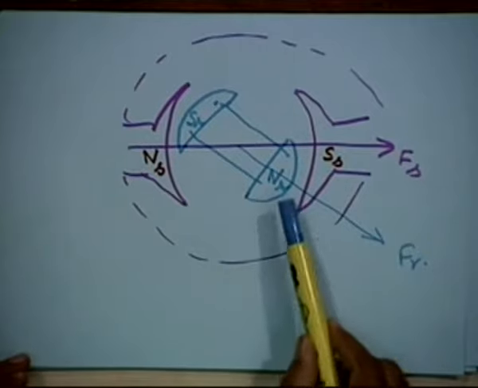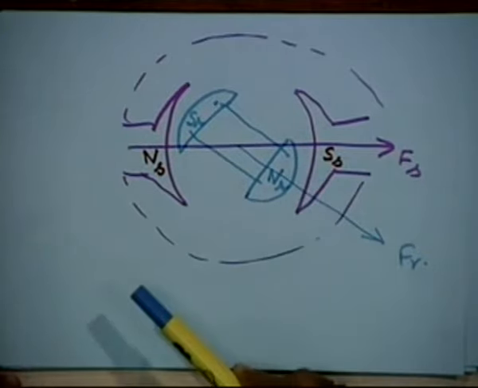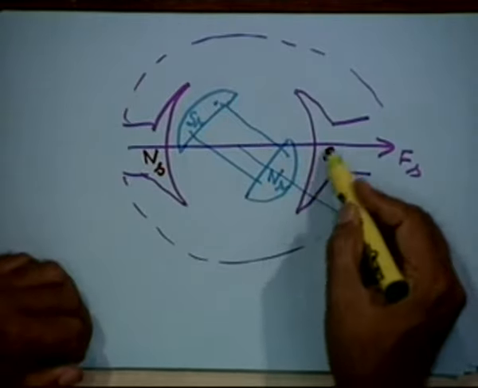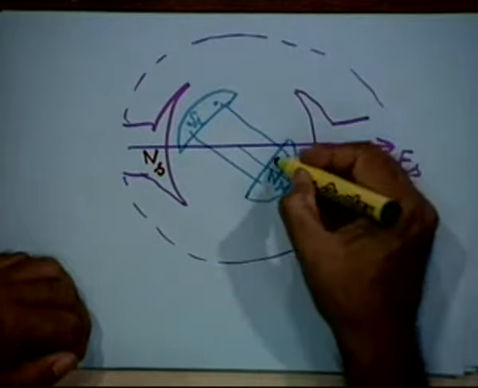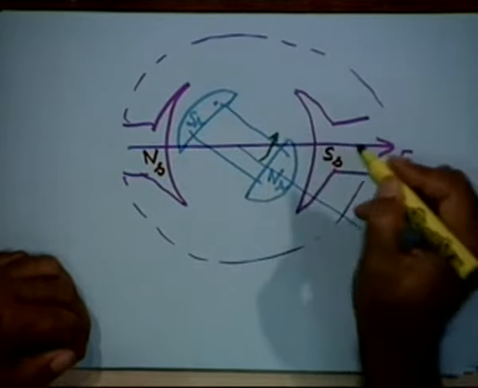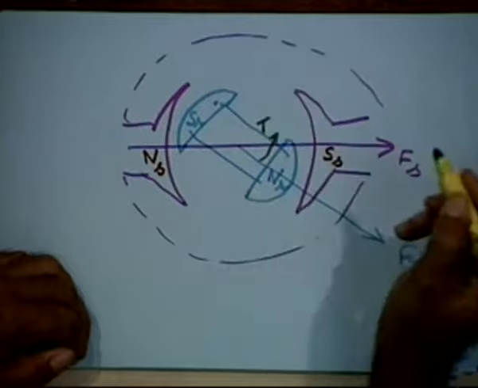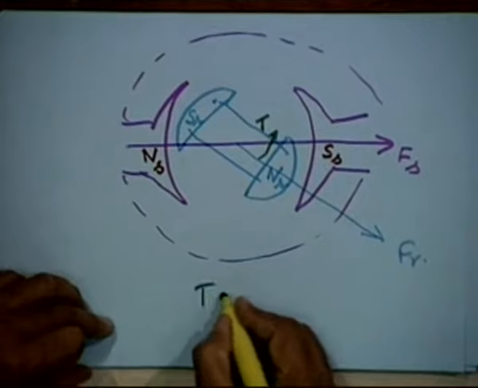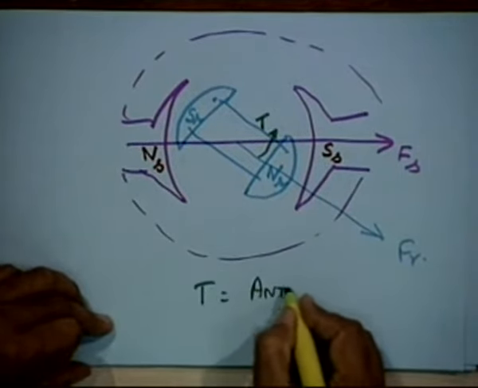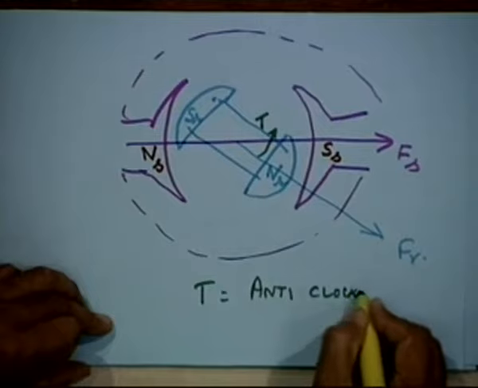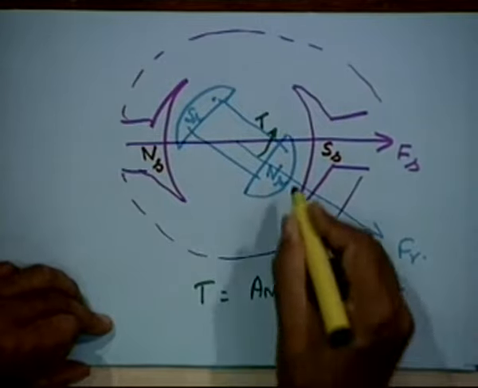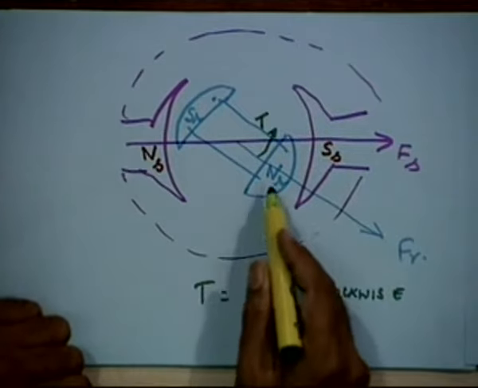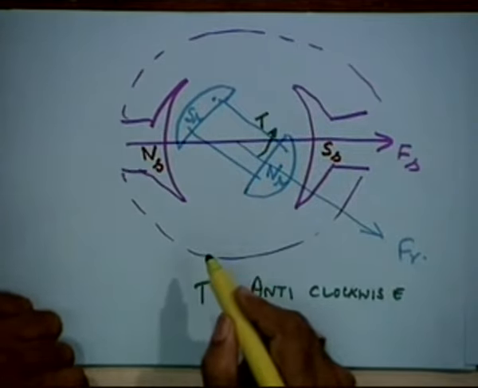Now you will notice that there are unlike poles here. From your basic laws of physics you already know that unlike poles will attract. Therefore this will get attracted this way. Which direction will the torque be, clockwise or anti-clockwise? So the torque is anti-clockwise, in a way to attract the rotor towards the stator axis, because they form unlike poles, right?